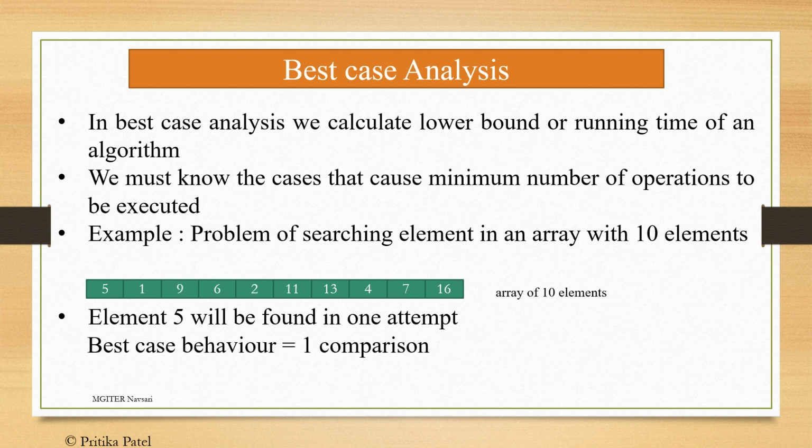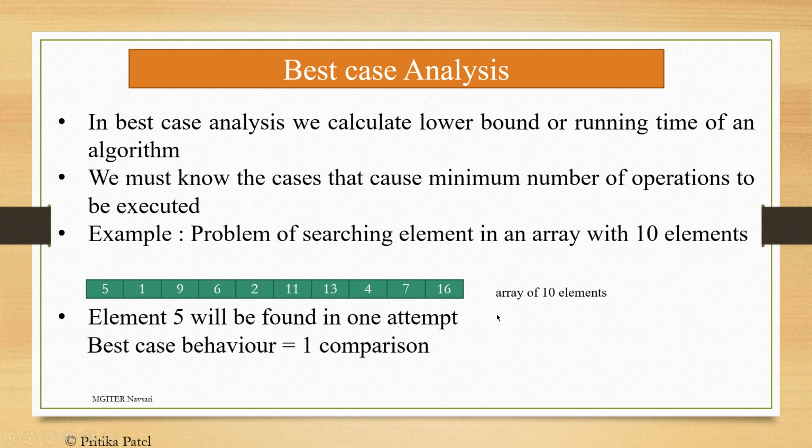Here, take an example of best case analysis for the problem of searching an element in an array with 10 elements. Here an array of 10 elements is given having elements 5, 1, 9, 6, 2, 11, 13, 4, 7 and 16.